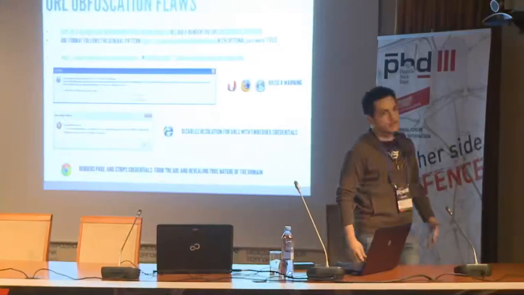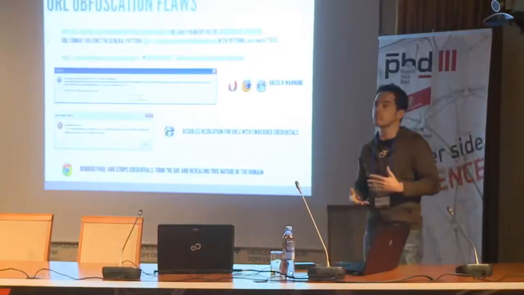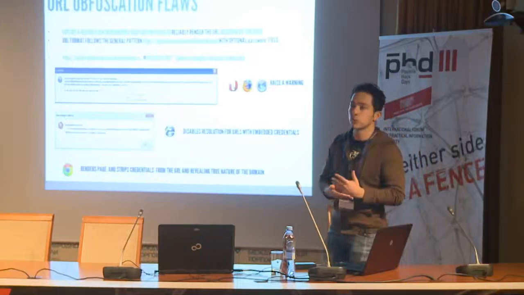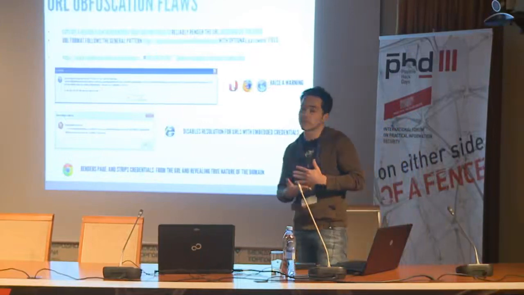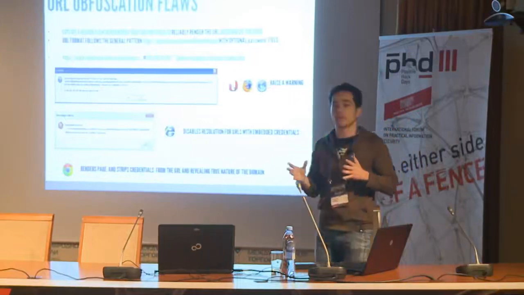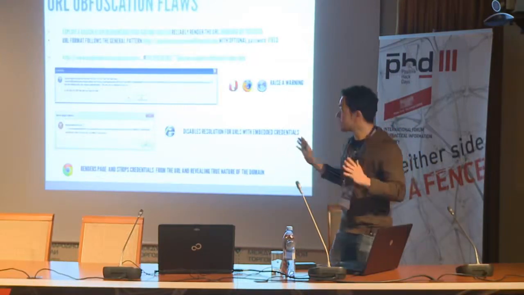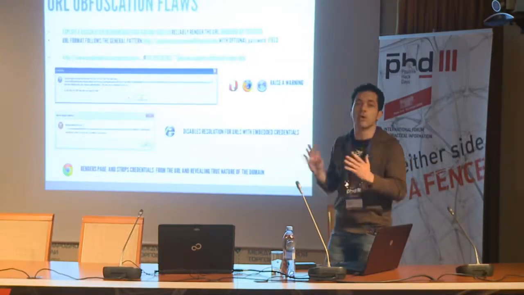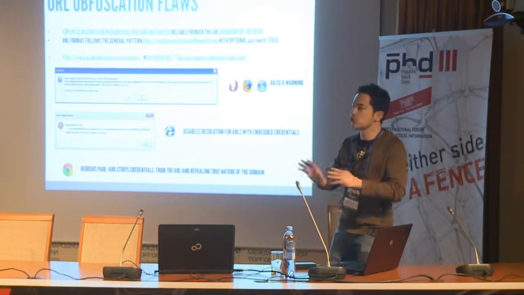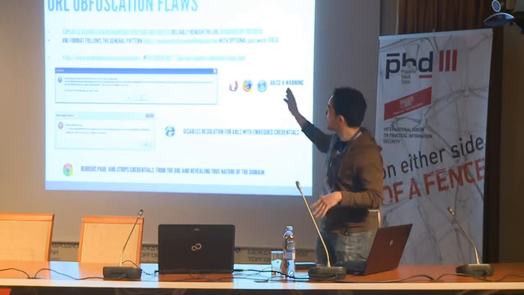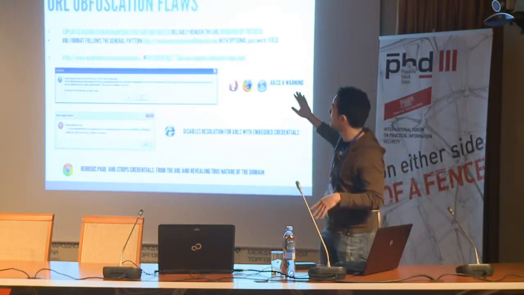But the picture-in-picture attack has not been the only attack targeting browser user interfaces in the latest years. Another quite dangerous attack is the URL obfuscation attack. This attack exploits a flaw in browsers that are not able to reliably render the URL requested by the user. Generally speaking, a URL can also embed some credentials. So the general format is HTTP colon username colon password at domain.